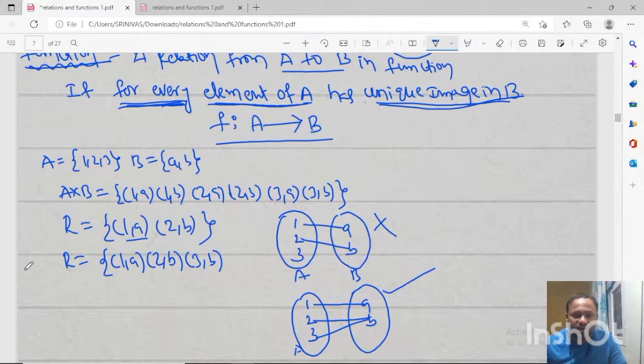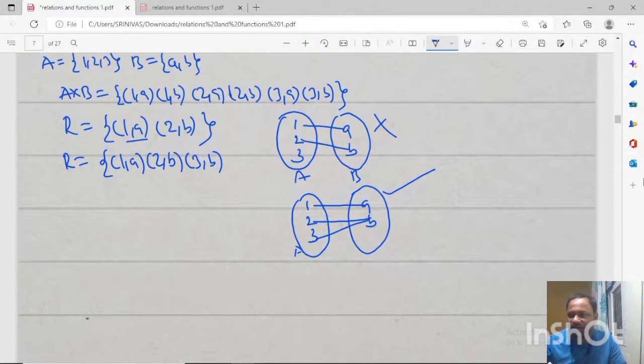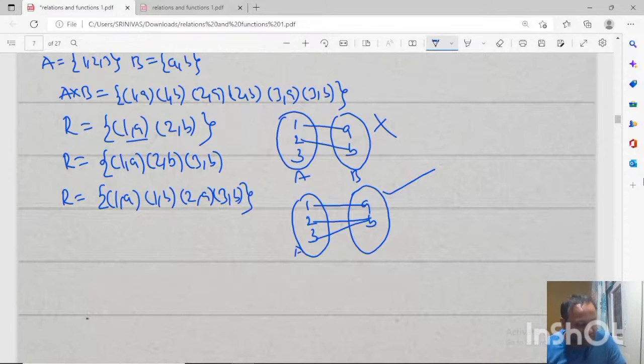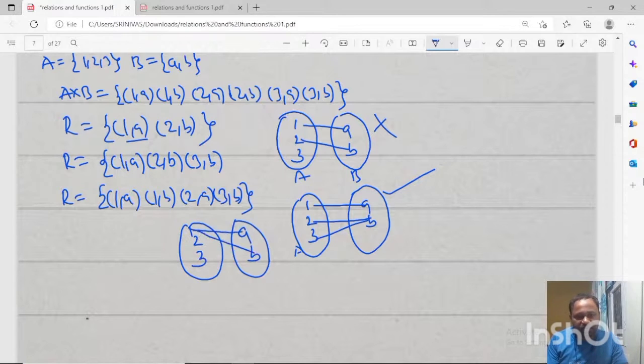Now let us see one more example. R is equal to {1a, 1b, 2a, 3b}. Is it a function? Let us check. I will draw the diagram. 1, 2, 3, a, b. 1a, 1b, 2a, 3b.